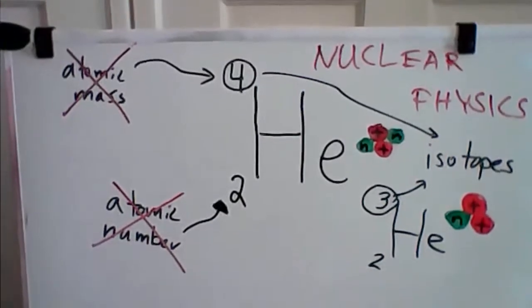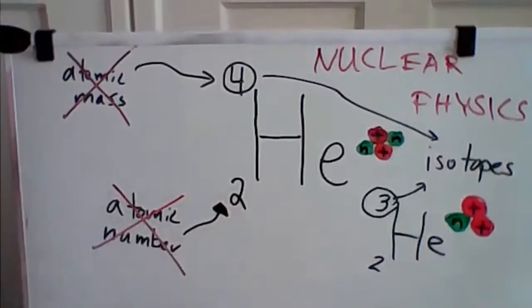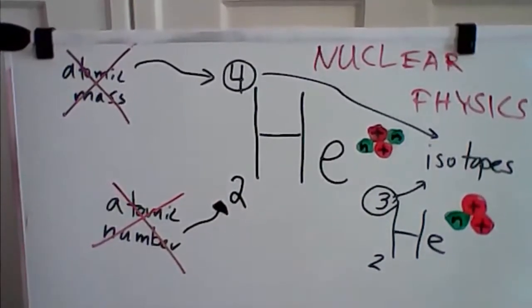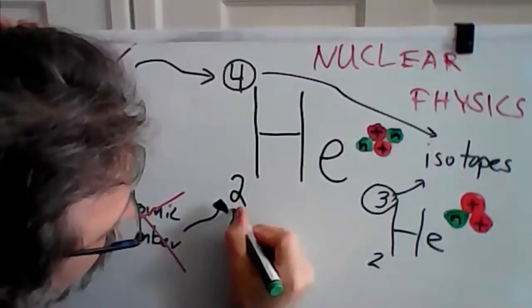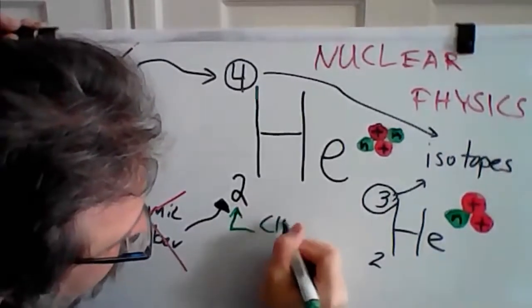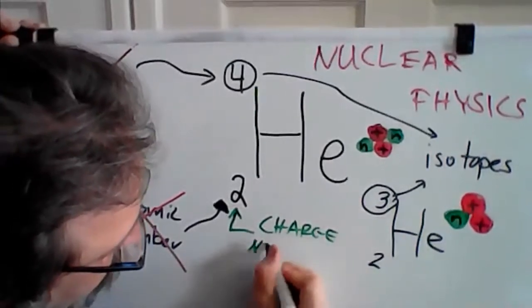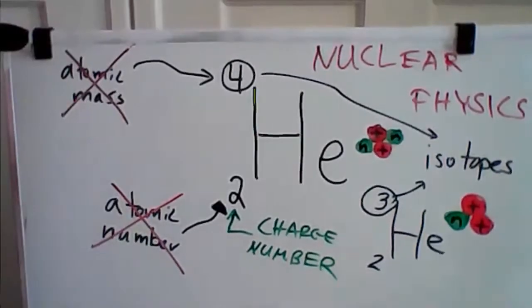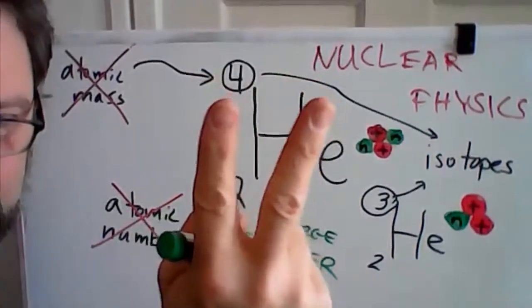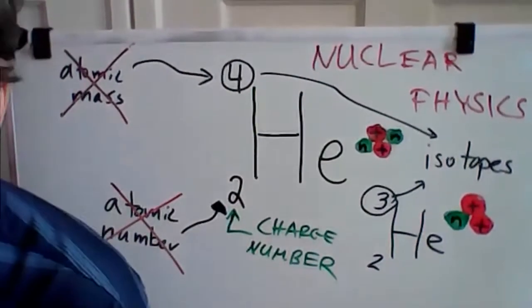And we're going to go a little further, and we're actually going to call this number, go with green here, we're going to call this the charge number. Because the charge is +2. Now we don't need to see the plus there, but it is a +2.